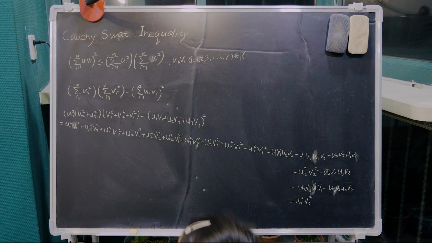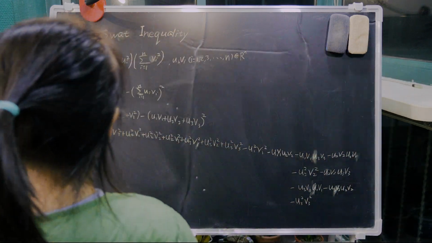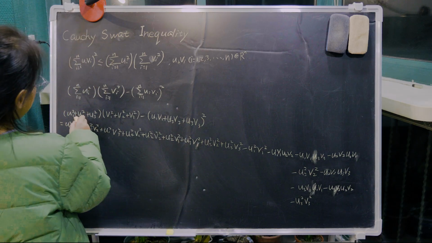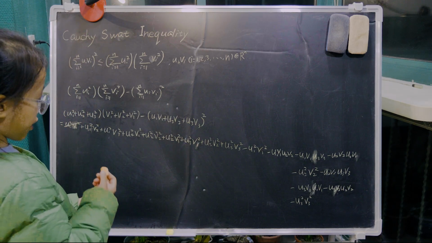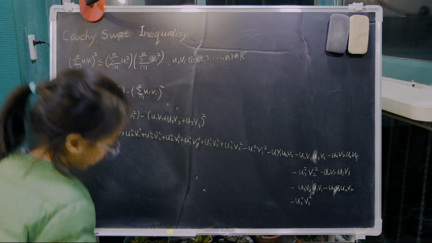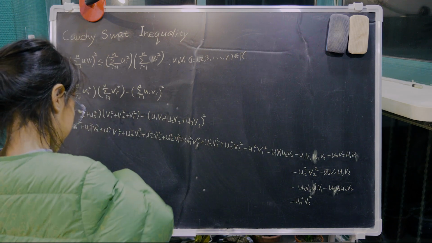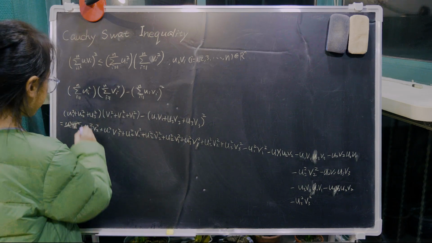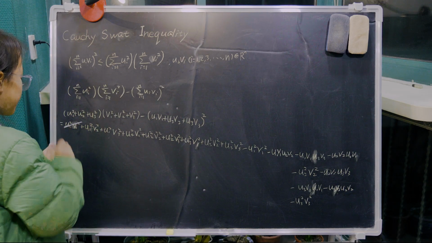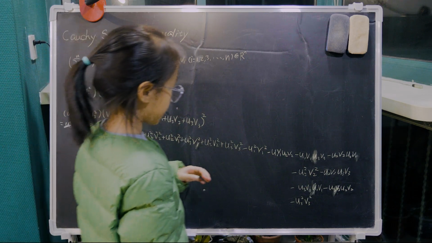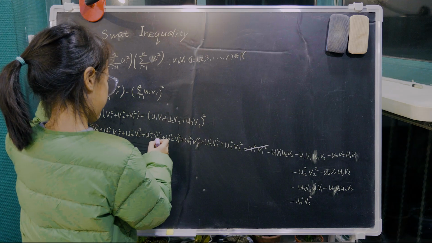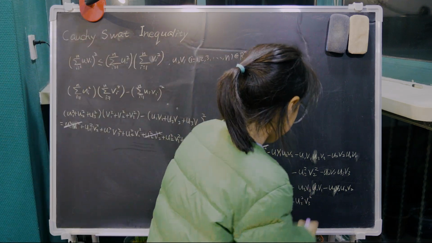Okay, and here's a lot of things, so what we do first is we can cancel out these things right here. I can cancel out this one with this one. Where is it?